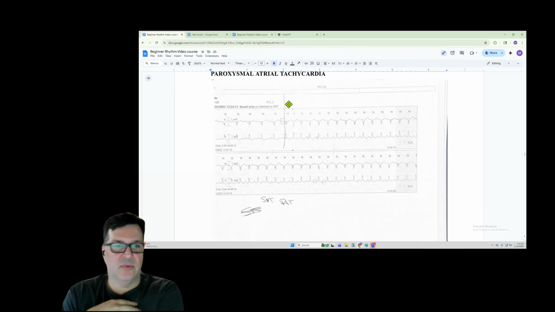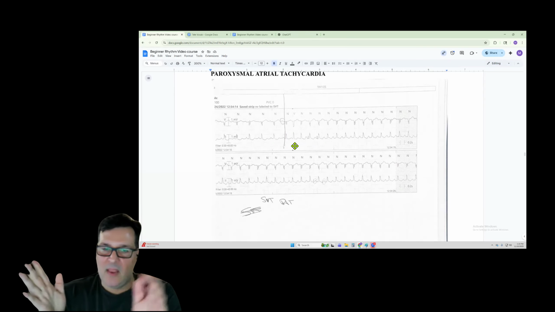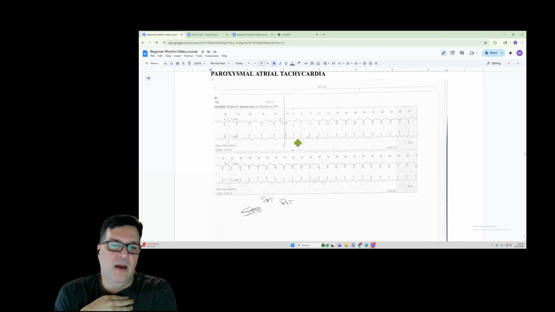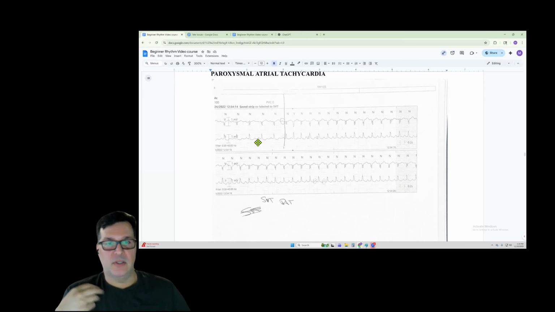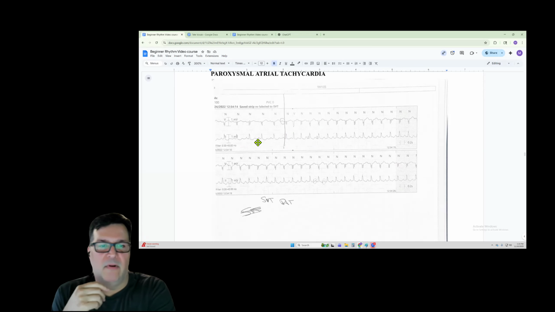If you look here, where somebody was really nice to draw a line, on the left side you have sinus rhythm, with a nice P wave consistently before the QRS complex, and this beat right here is a PAC. The heart rate increases. You can see the P wave sitting on top of the T wave, because with PACs it's originating from the atrial chamber. You'll still have a P wave, but a different P wave, no longer coming from the SA node.